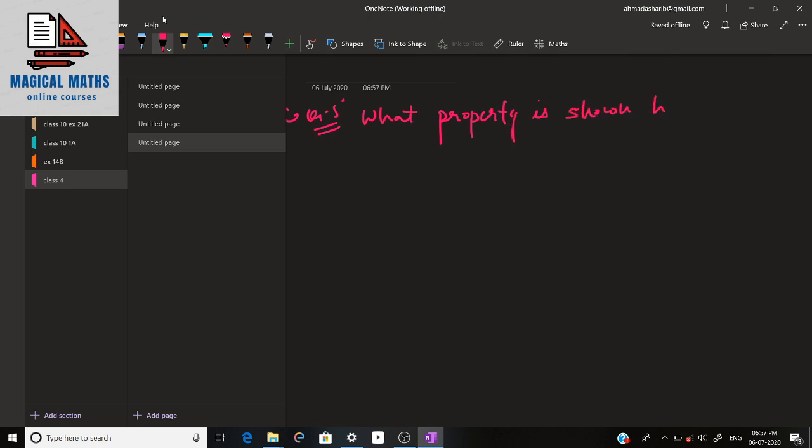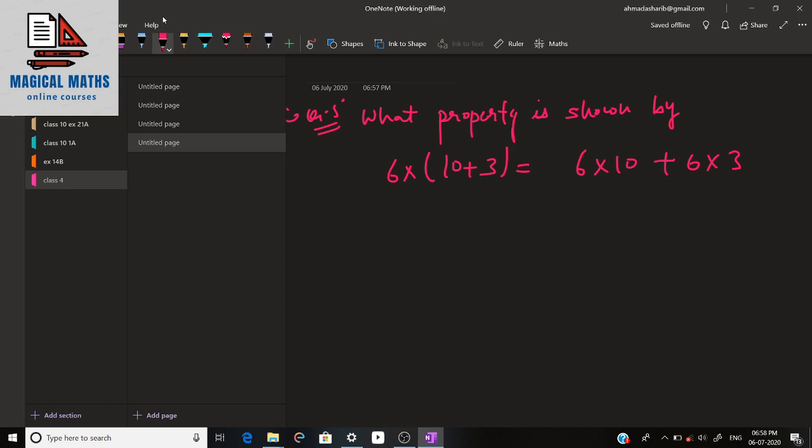What property is shown by 6 into 10 plus 3, students, this is 10 plus 3, is equal to 6 into 10 plus 6 into 3. So we have to tell the name of the property which is being used here.